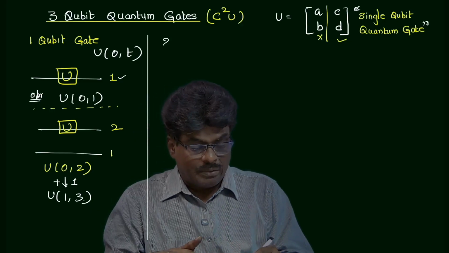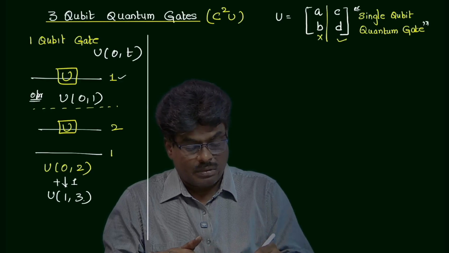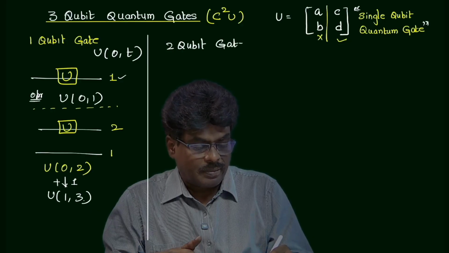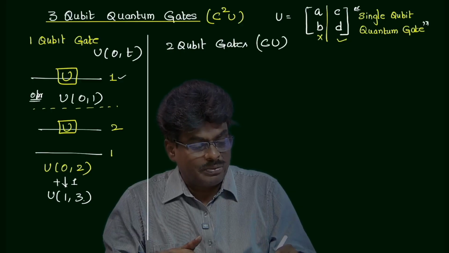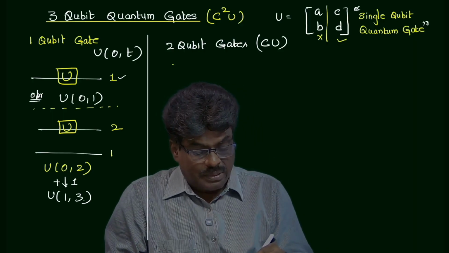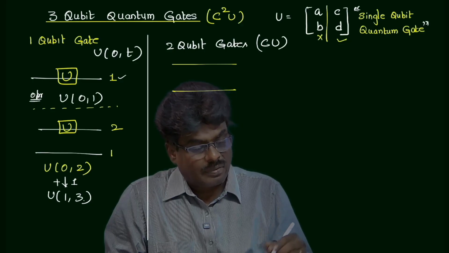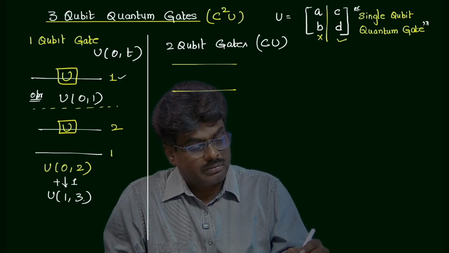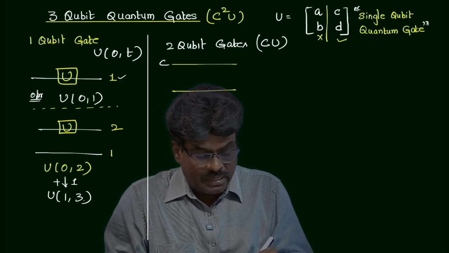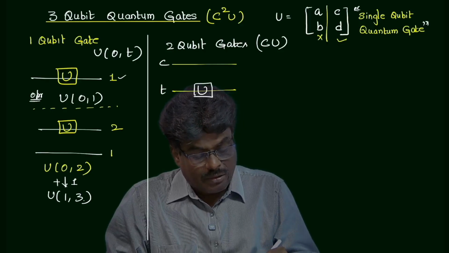And for example, if you have 2 qubit gates, this is represented by CU, controlled unitary operation. So let me take 2 qubit states. This is the control bit and this is the target, and here we have the unitary operation.